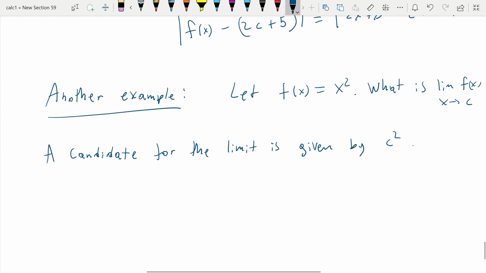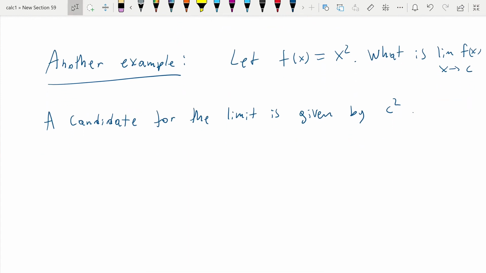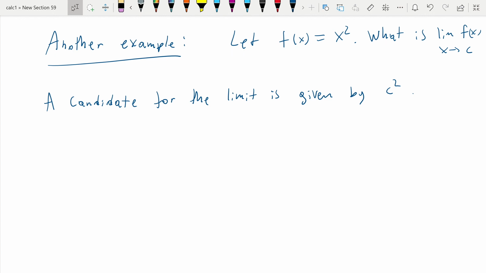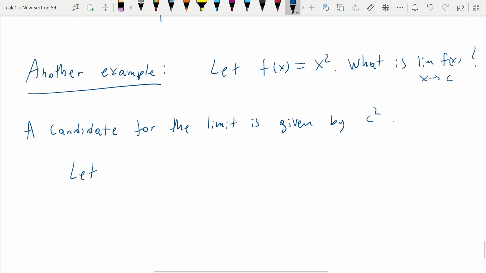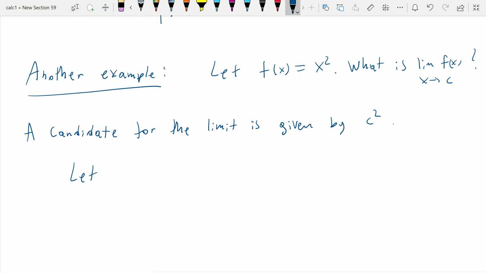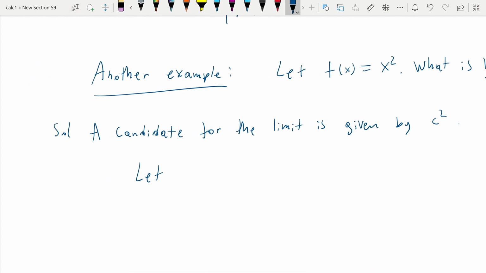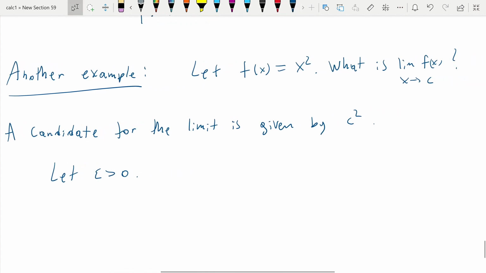Now we go a little bit faster because we already stopped at several points in the previous example, so hopefully we now understand what we have to do. This is the solution, if you will. We start by letting epsilon be an arbitrary small number. And as I said, we write absolute value of f of x minus c squared, that's the limit.